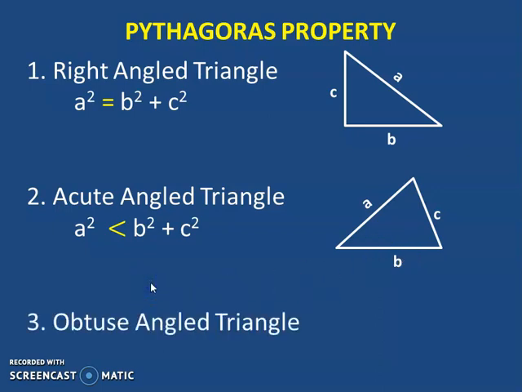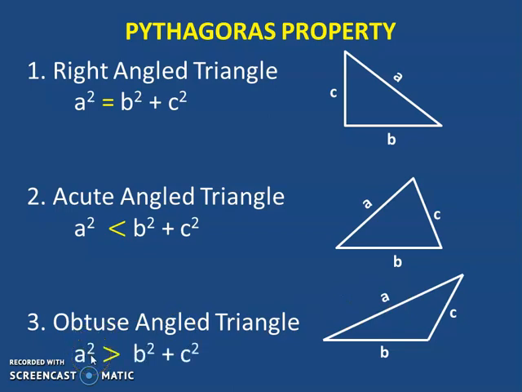Now the third case: 3 lengths have been given and we have to find out whether it is an acute angle, obtuse angle, or right angle triangle. So we will first find the square of the longest side. Here the longest side is A. So we will find A square first, the longest length, and then find the sum of the other two given lengths, so B square plus C square.